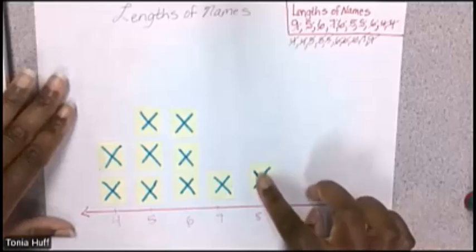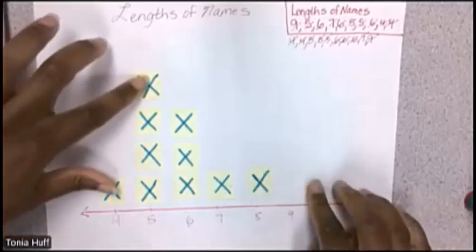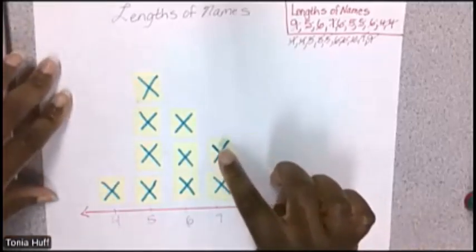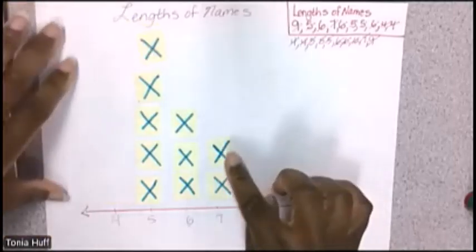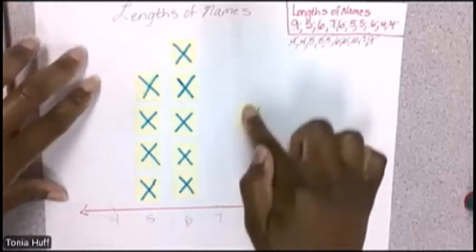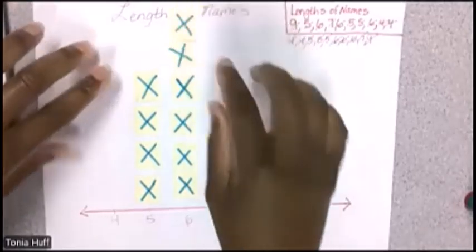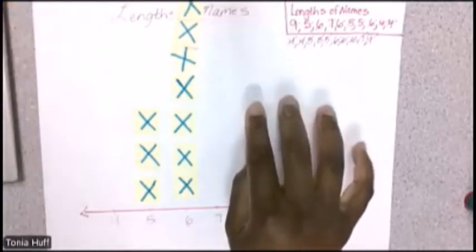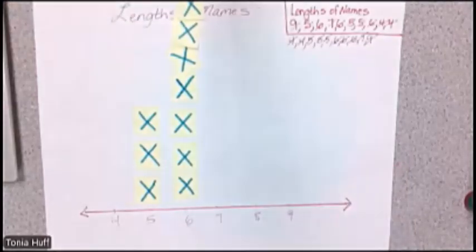So again, I'll move 1 over, 1 over, 1 over, 1 over, 1 over, 1 over, and 1 over. So again, my mean is going to lie between 5 and 6, and therefore the number of letters in each person's name would be between 5 and 6.